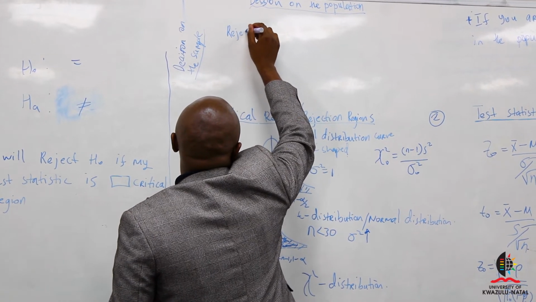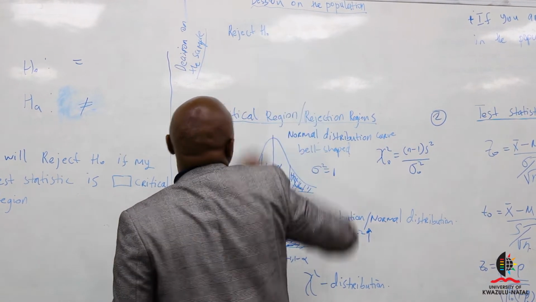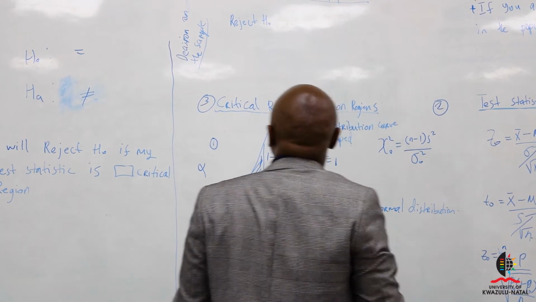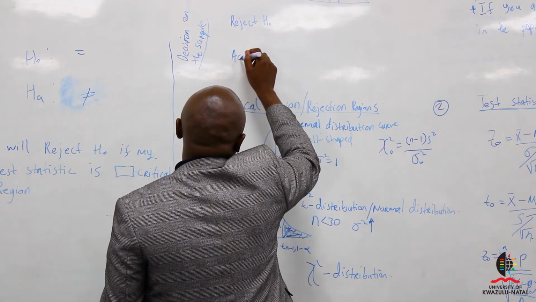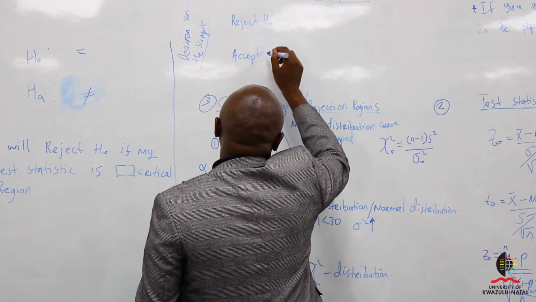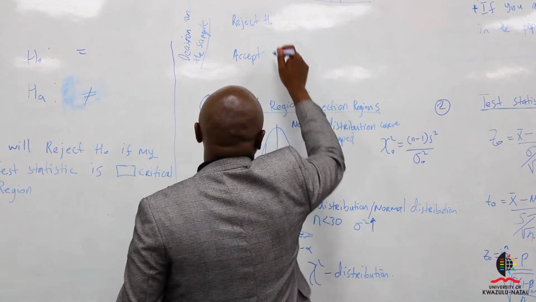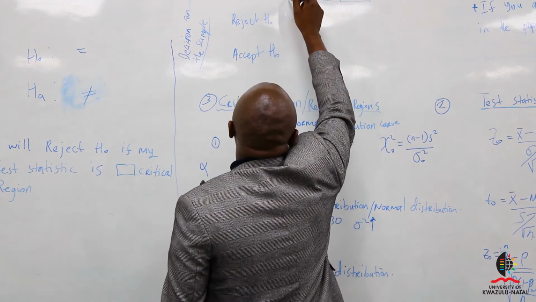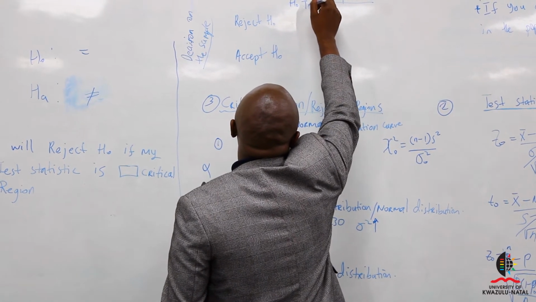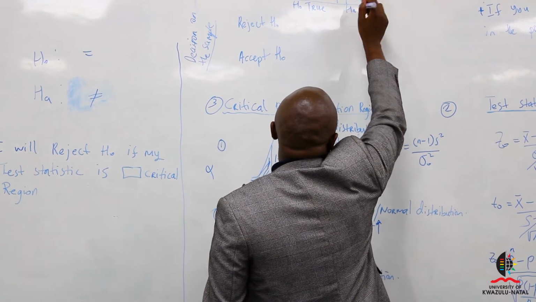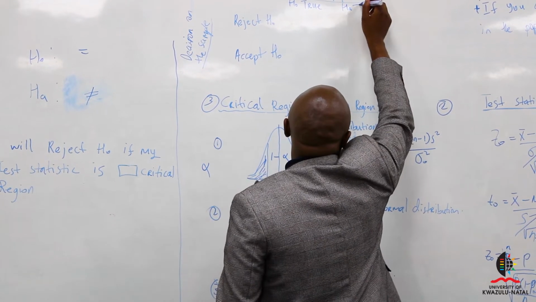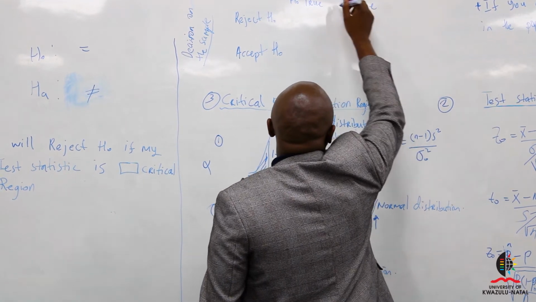Is it reject H naught here? Right, reject H naught. You've got accept. Is it accept here? Yes. Accept H naught. Right. You've got H naught true here. You also have H1 true. Is it true? Yes. Okay.